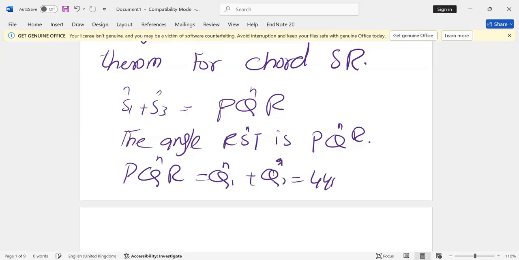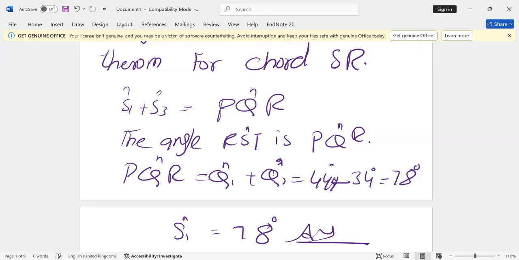This equals 44 degrees plus 34 degrees, that is equal to 78 degrees. So the angle RST is 78. So angle S1 in the diagram is PSR. Okay. So we say that S1 equals 78 degrees. That is the required answer of this question. Alright.